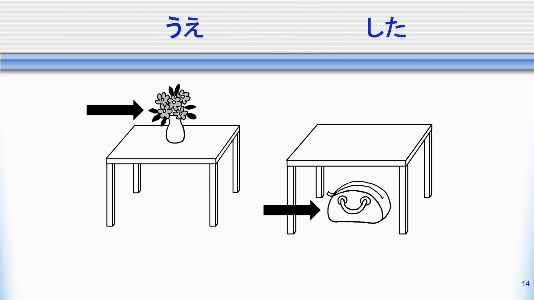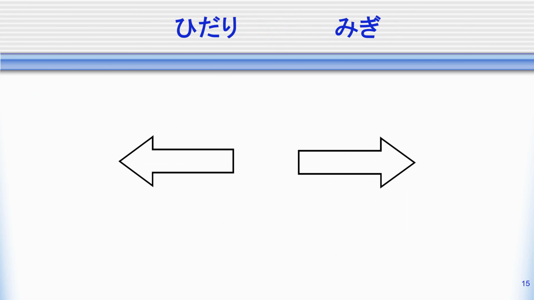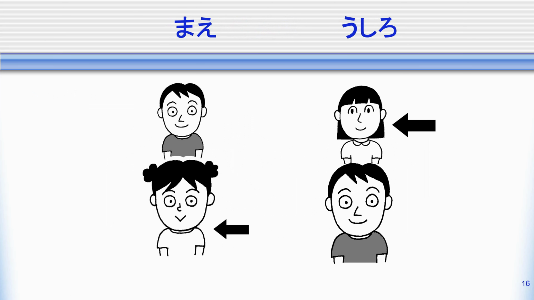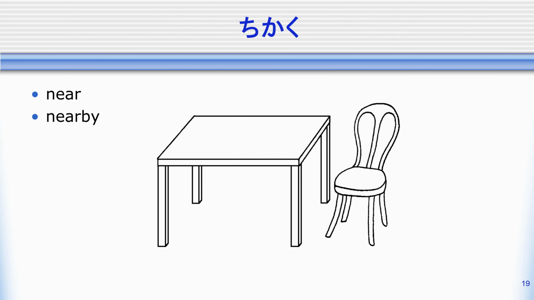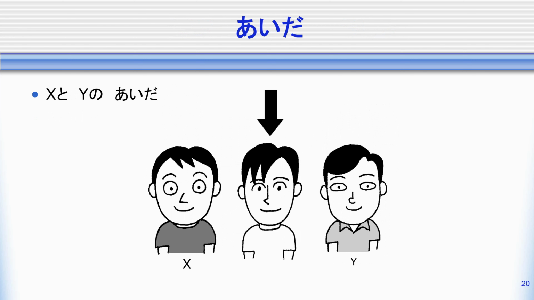So our location words so far, we have ue, shita, hidari, migi, mae, ushiro, tonari, chikaku, aida.